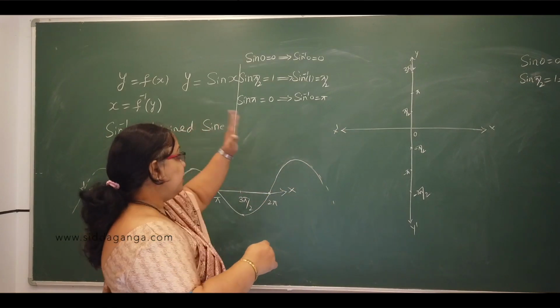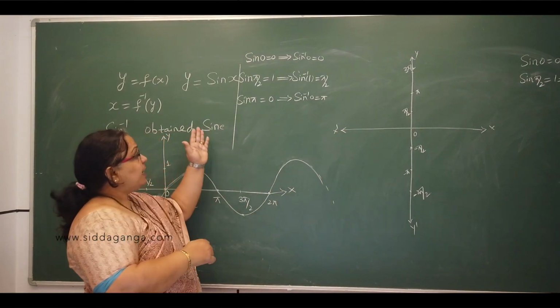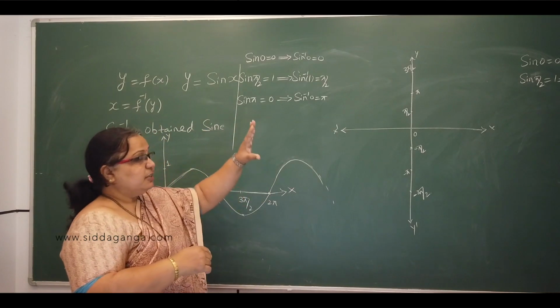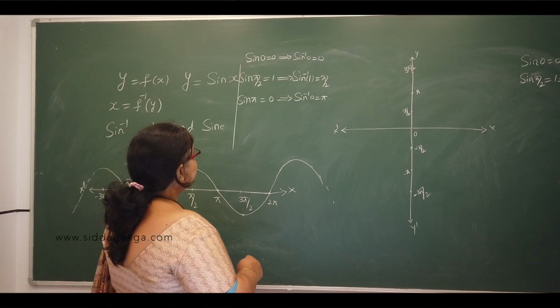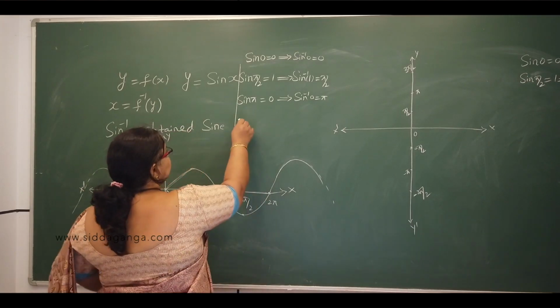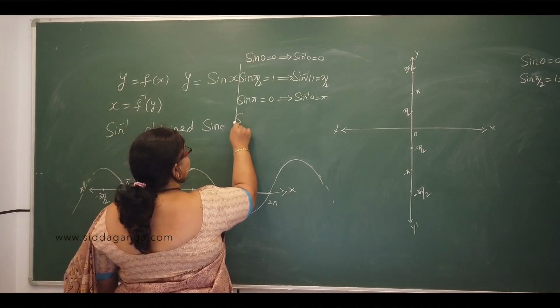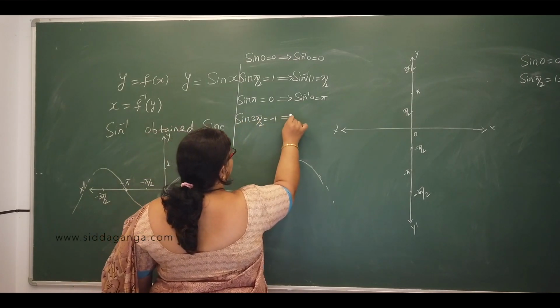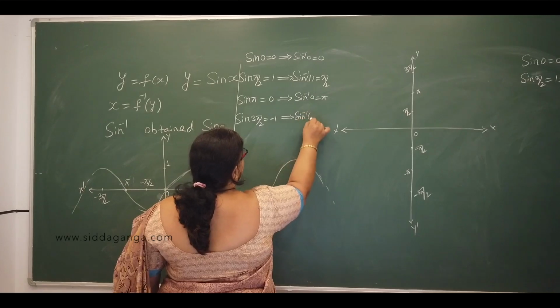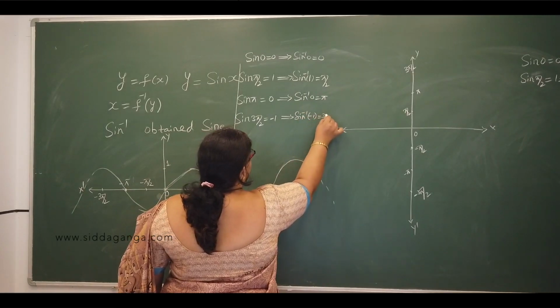Therefore, that principal value range we are not considering here, we are just going to draw the graph. Next, sin 270 degree, that is 3 pi by 2, equal to minus 1 implies sine inverse of minus 1 is equal to 3 pi by 2.